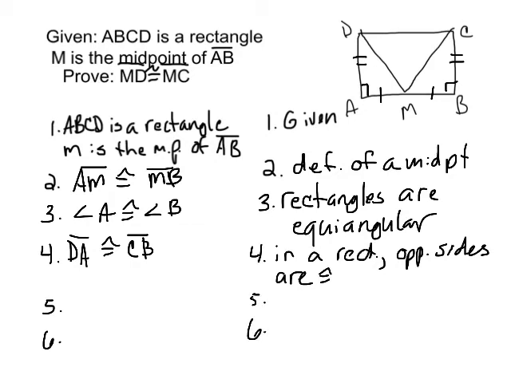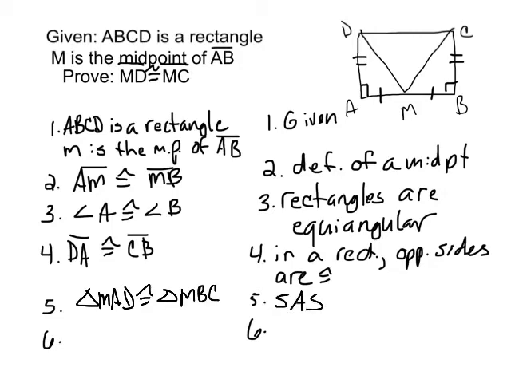I now have a triangle congruence. I have side, angle, side. So that's enough to say that triangle MAD is congruent to triangle MBC by side, angle, side, which finally lets me go back and say that MD is congruent to MC.